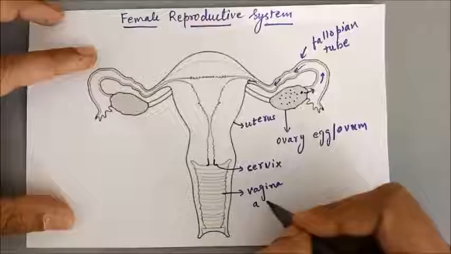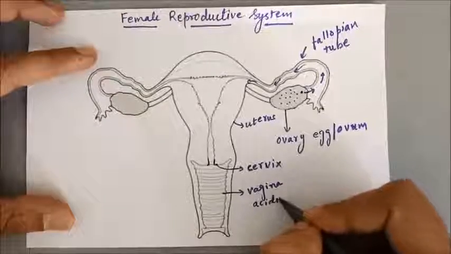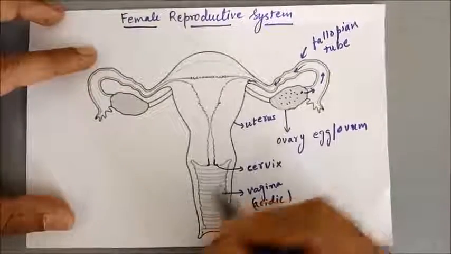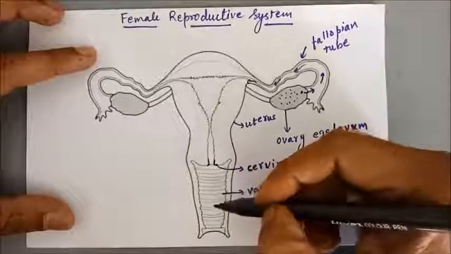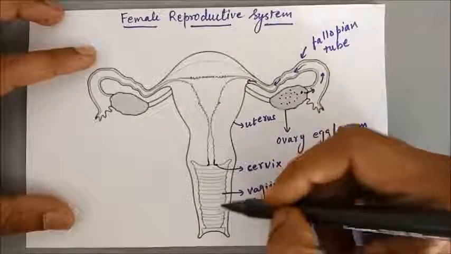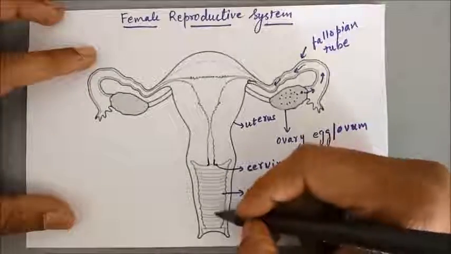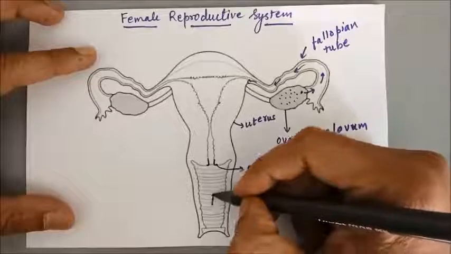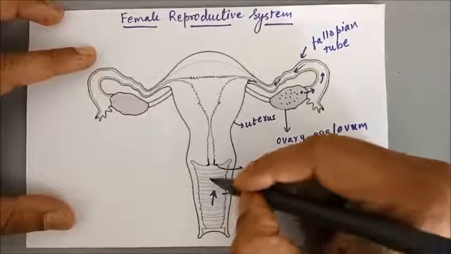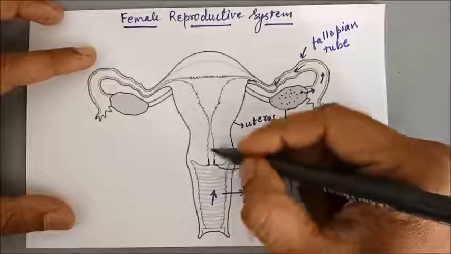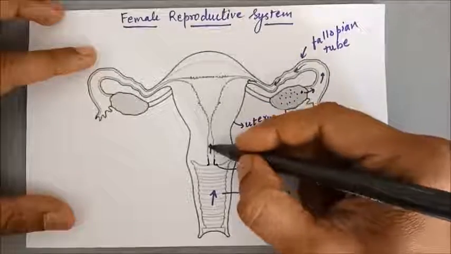Vagina is acidic in nature. It contains acidic liquids, and during intercourse, when the semen is ejaculated, the semen is ejaculated over here. So the sperms and semen travel ahead like this.